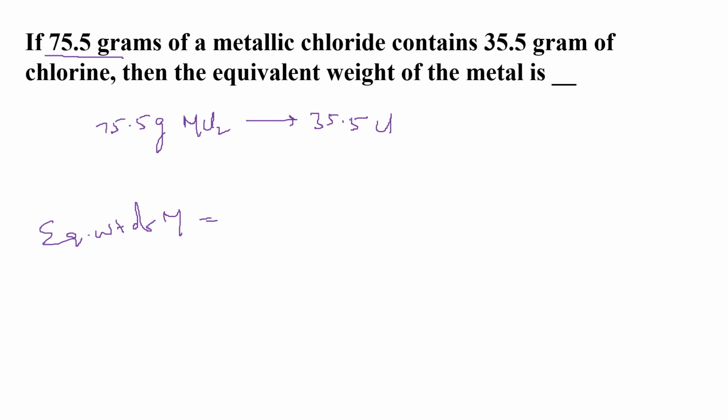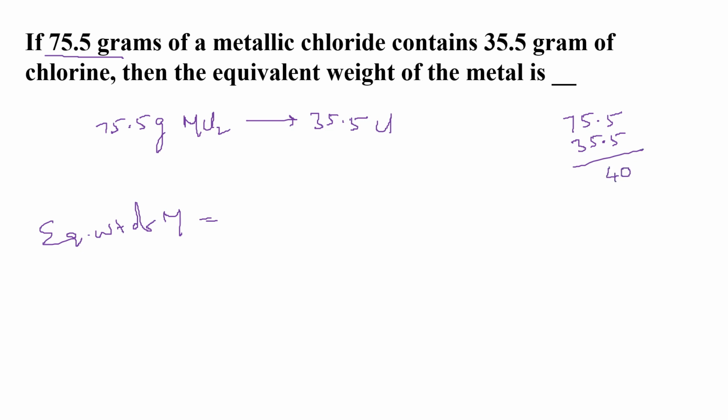Here the given weight is 75.5 grams of metal chloride. First of all, you have to calculate the mass of the metal, that is 75.5, the metal chloride, minus chlorine, that is 35.5. Then what you will get?